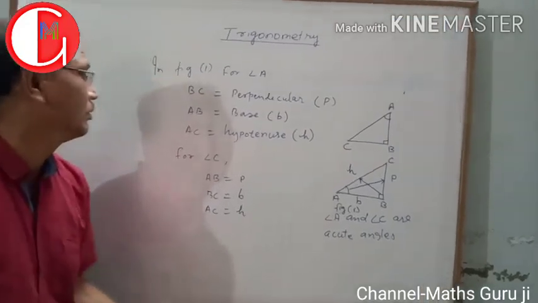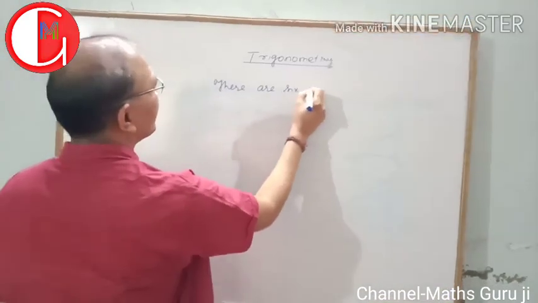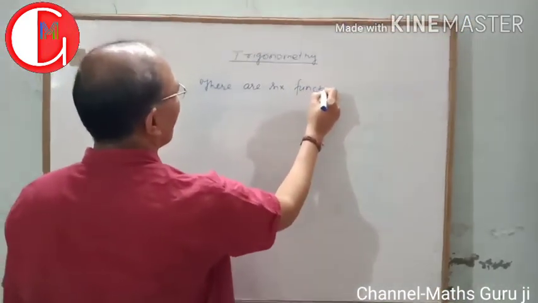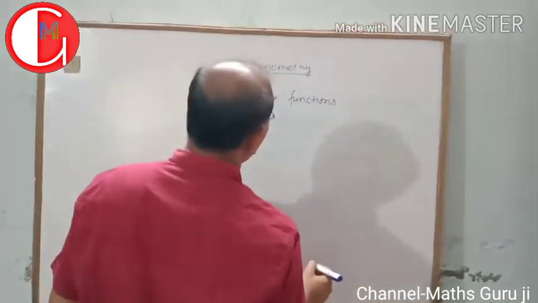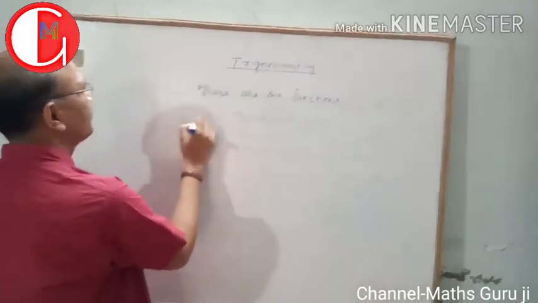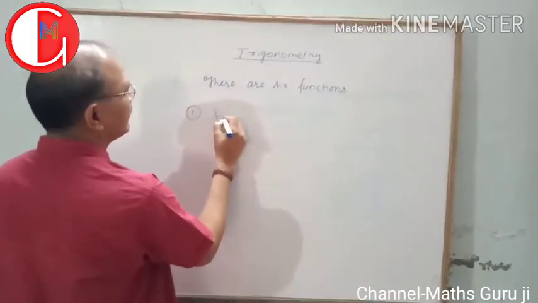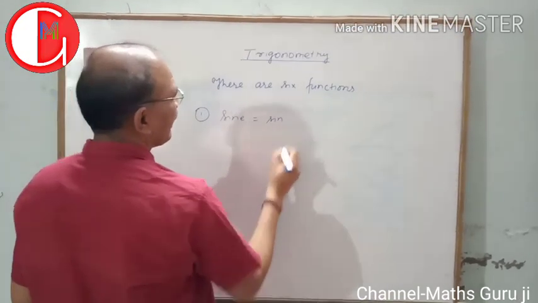So there are 6 functions. Number 1, sine, in short written as sin.